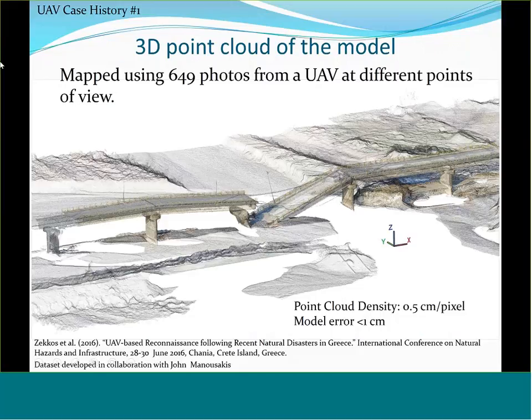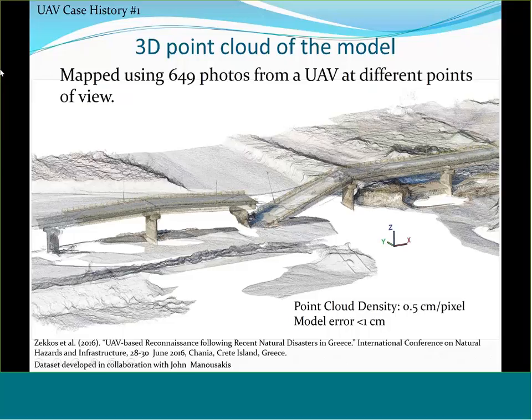What you see in this image is a 3D point cloud of the model. It required about 649 photos from the UAV from different points of view to generate. It looks like a picture, but for every single point you see here, there's an X, Y, and Z coordinate, and you could potentially use it to collect measurements.